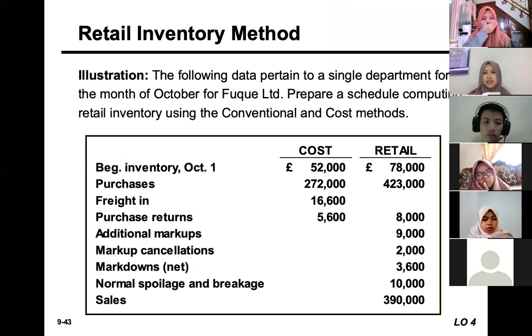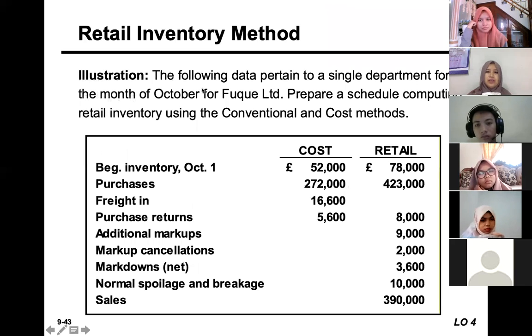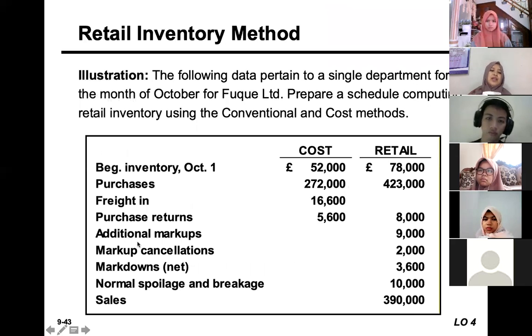This is the information of a single department for the month of October for Fook Limited. We prepare a schedule computing retail inventory using the conventional and cost method. They have the beginning inventory and then purchases and then the freight in, purchase returns. Okay, markup.